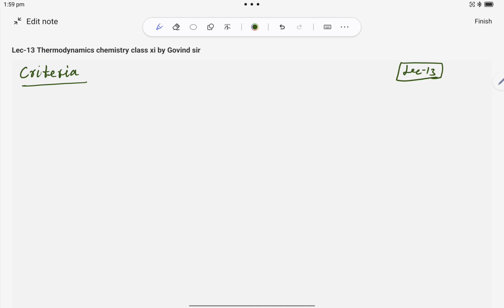Number one. Maybe some spelling difference you can manage, but ultimately the aim should be clear. The first criteria is the tendency to lower its energy.